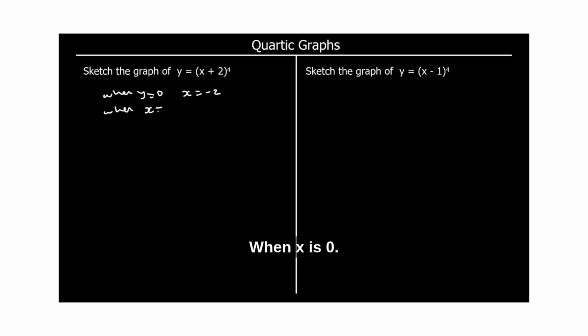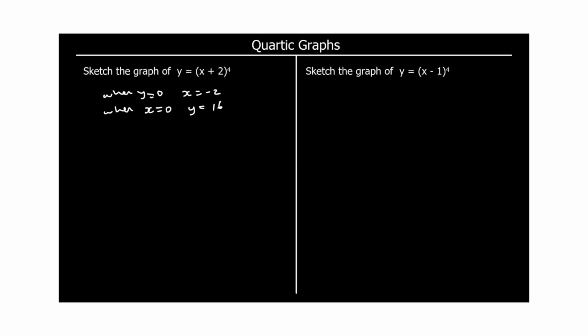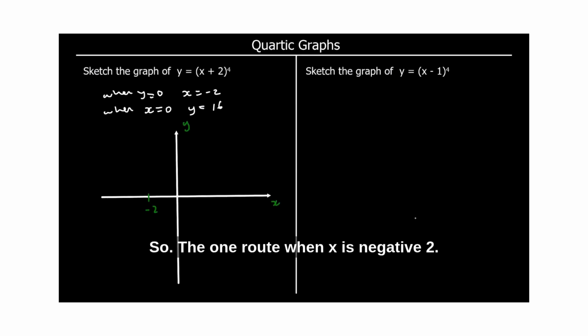When x is 0, y is 2 to the power of 4, which is 16. The positive shape. So the one root when x is -2, it's a positive shape.